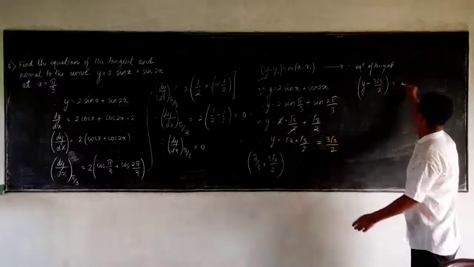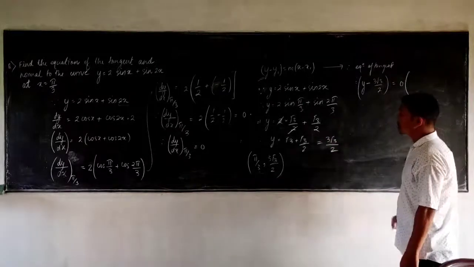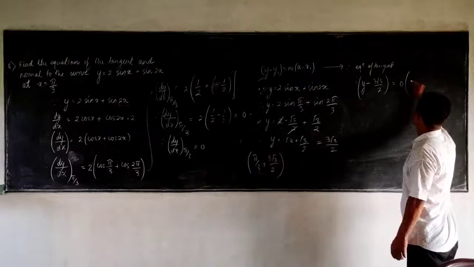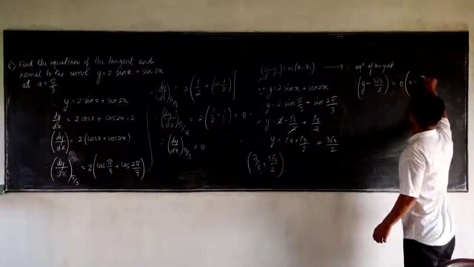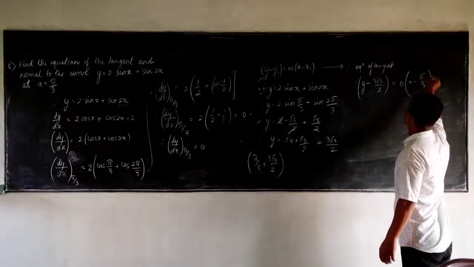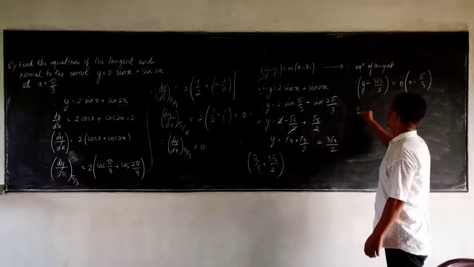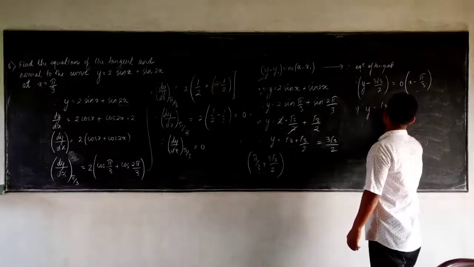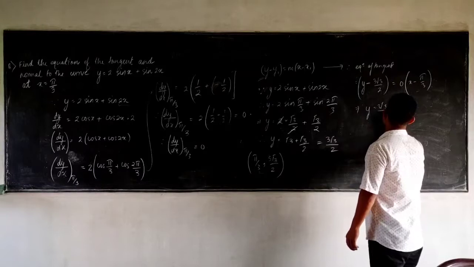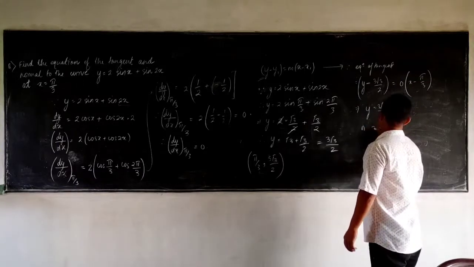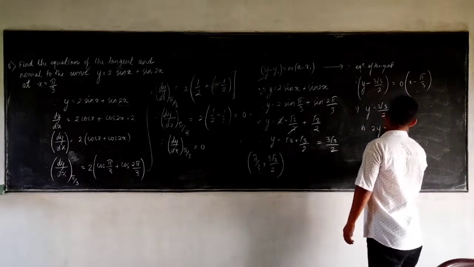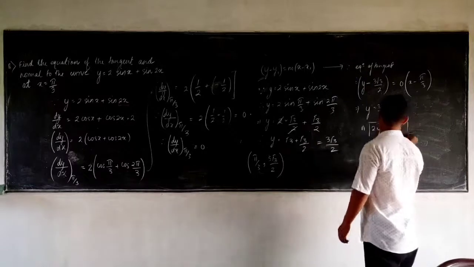The slope here is equal to 0, into x minus x1. x1 is pi by 3. So on this side no need to do anything, it's simply 0. So therefore it implies that y is equal to 3 root 3 divided by 2, or simply 2y equals 3 root 3, which is the required equation.